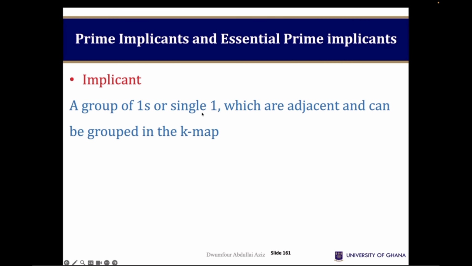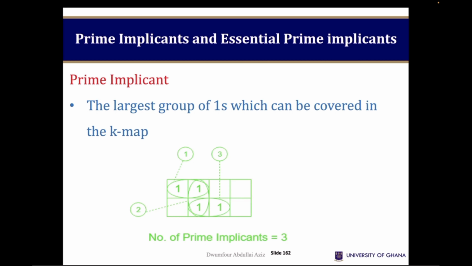So a group of ones or a single one which are adjacent and can be grouped in the K-map are called implicants. All the possible groups of ones that we can find in the K-map are referred to as implicants. And then we have prime implicants.